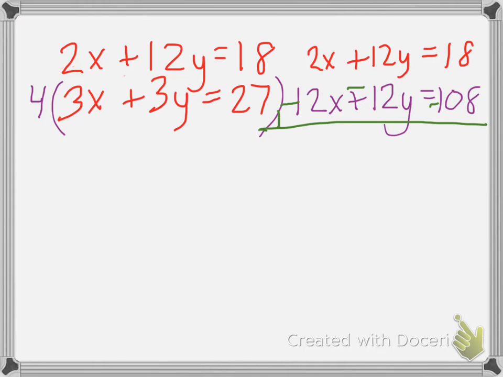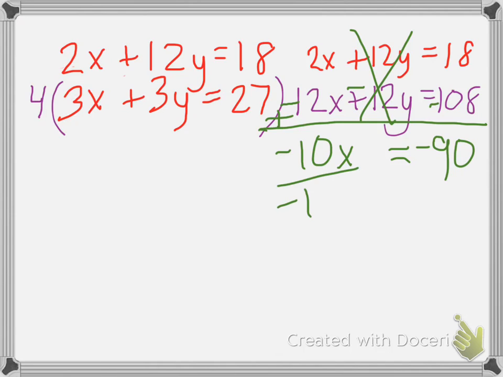Now if I add these two up, 2x plus negative 12 is negative 10x, and those cancel, which is what I wanted originally. Then, take away 18, then I get negative 90 over here, and I can go ahead and continue to solve. So I get x equals 9.